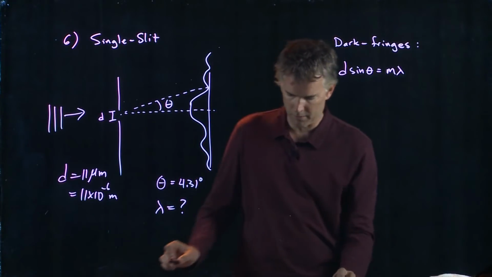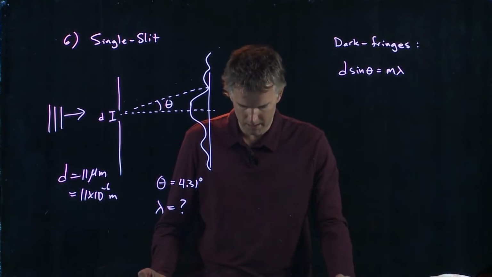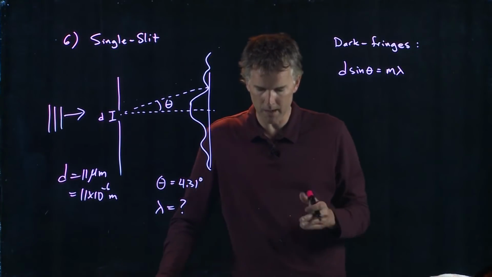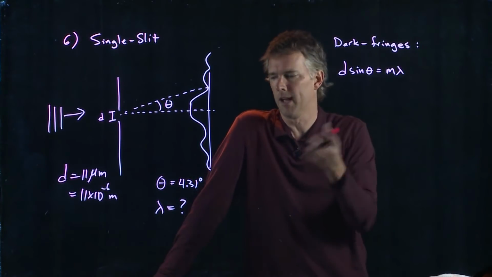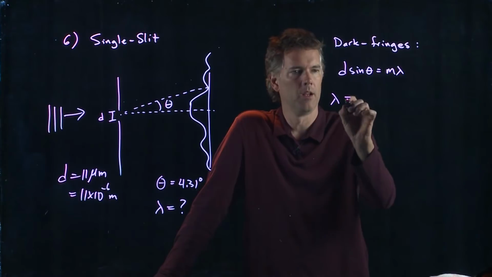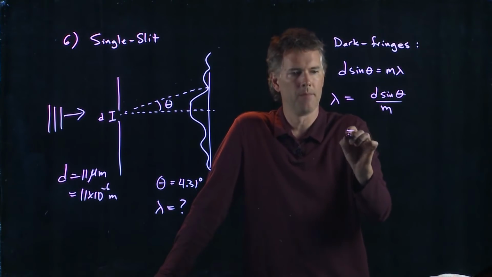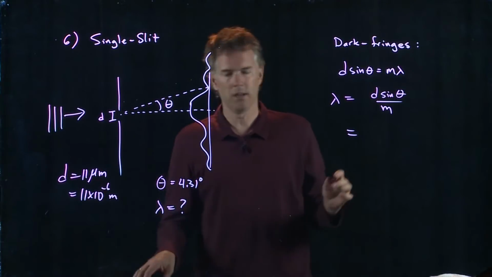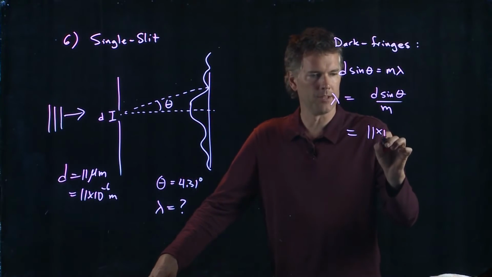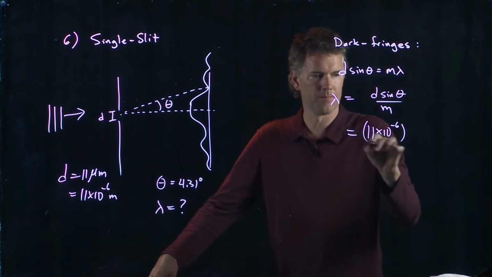All right, good. So if we have that equation, then we might have everything we need, right? Because Jessica said, well, let's just solve this for lambda. That's what we're looking for. Lambda equals d sine theta divided by m. We have d. D is 11 microns, so that's 11 times 10 to the minus 6.